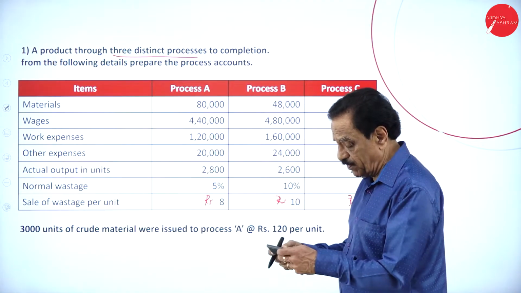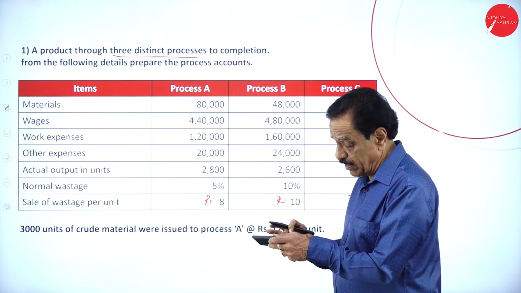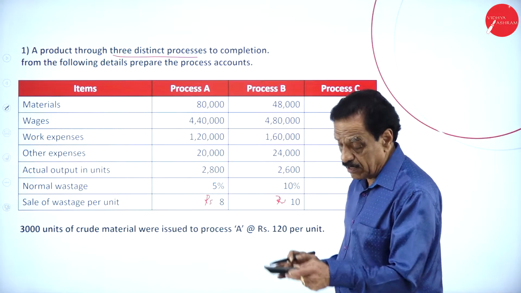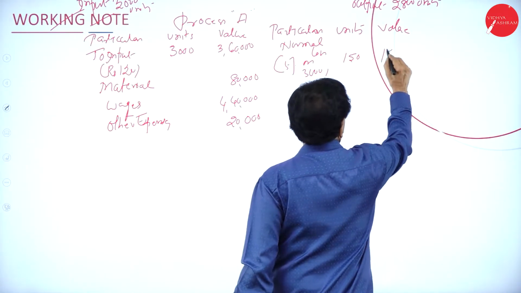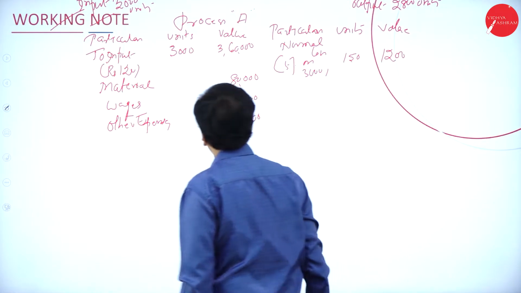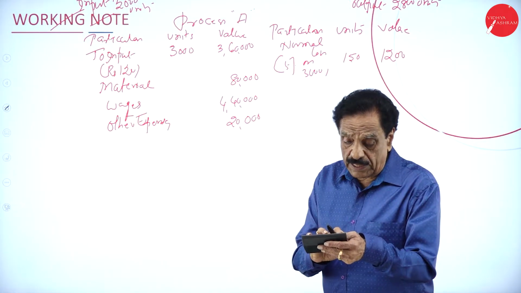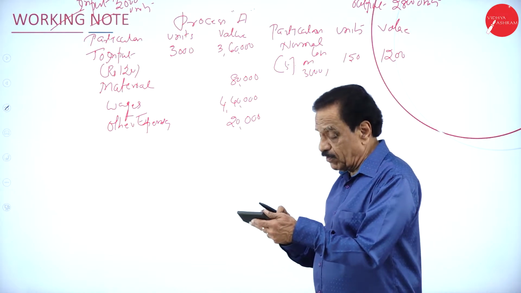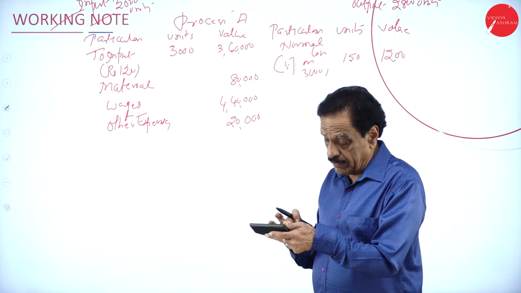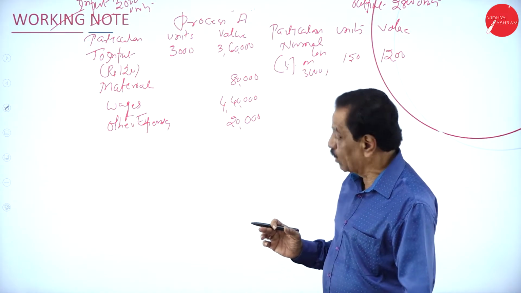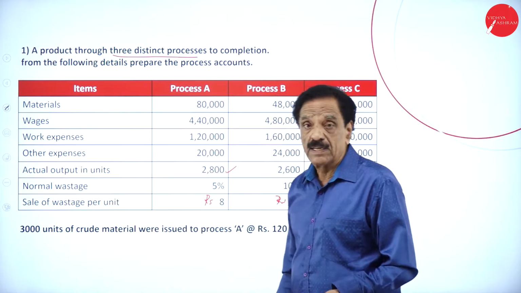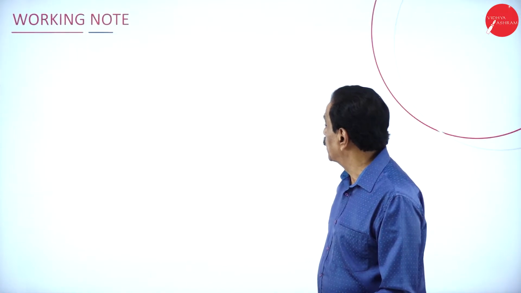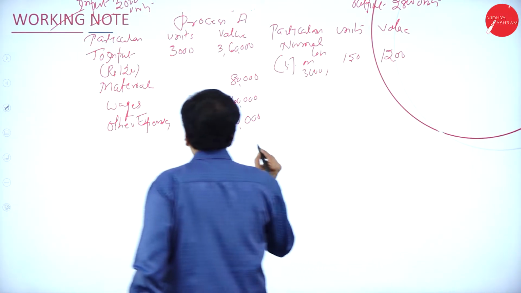This is 150 into 8, 1,200 is the realization value. Now, you have introduced 3000 units minus 150. The output should be 2850. Here, what's your output? 2800. How much has come down?